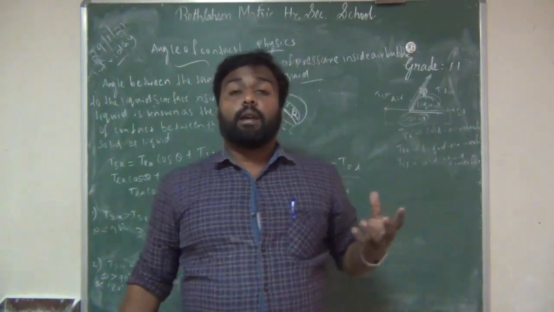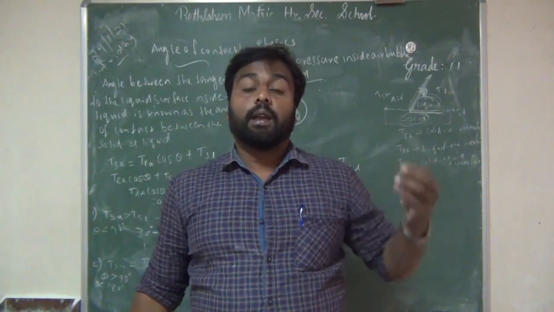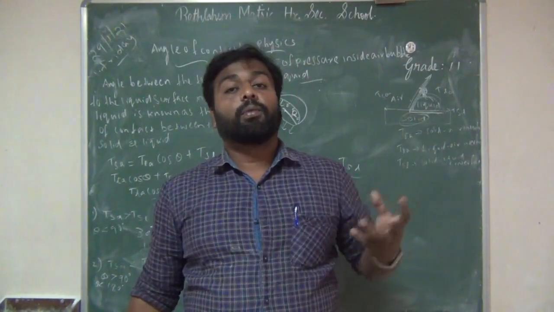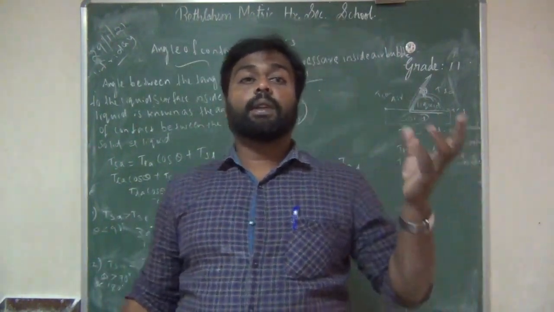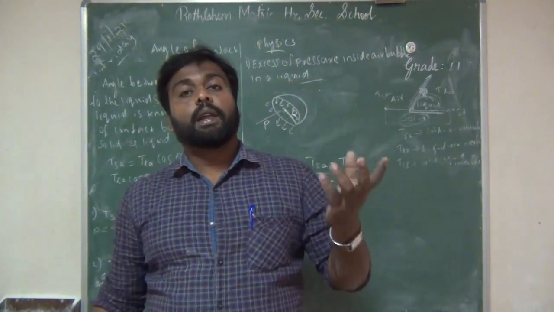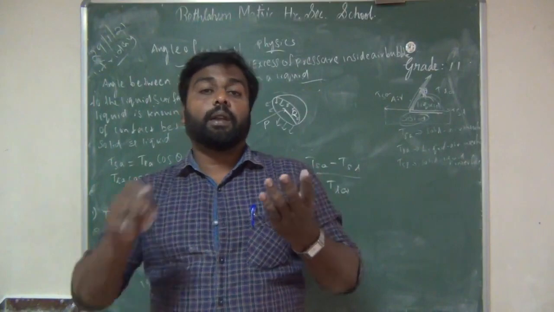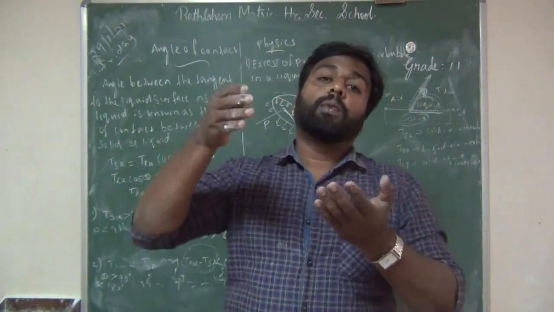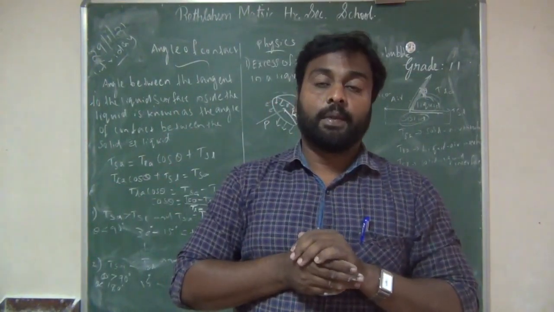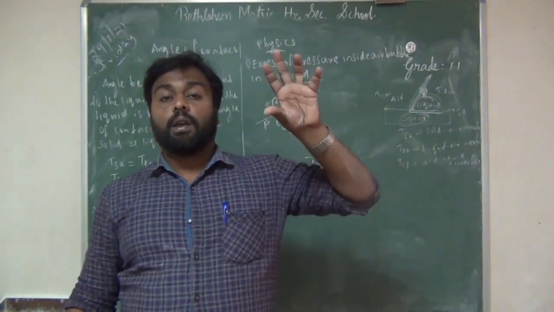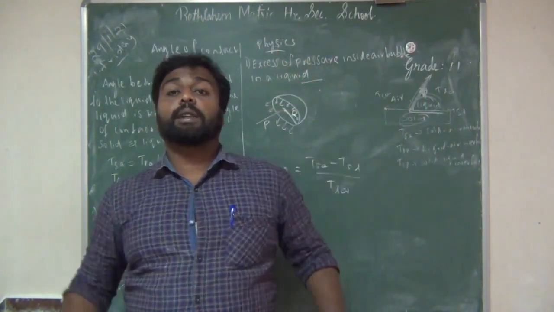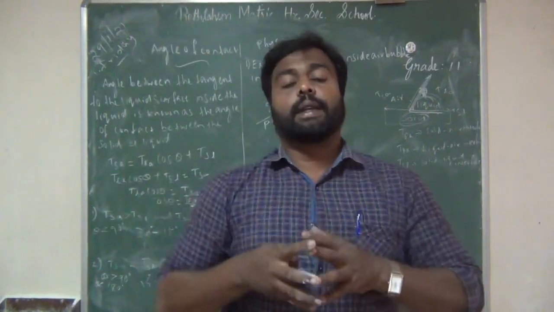Earlier we have learned about the surface tension, and you have learned that if any free surface is in contact with the liquid, that part of the liquid drop will be curved. So when it is curved, it is having some pressure inside as well as outside.